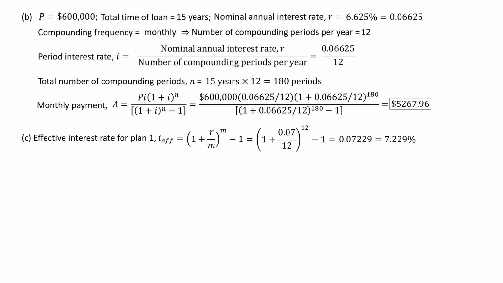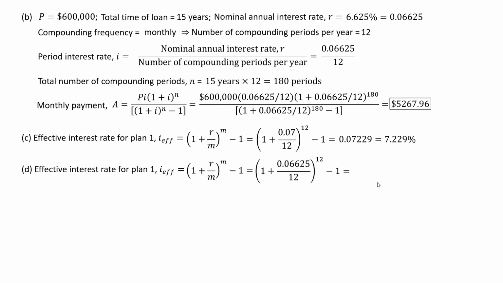So even though they said 7% per year, in effect, you are paying 7.229% per year. And for the second plan, a similar calculation. Even though they said 6.625, you are actually paying 6.830%. Okay.